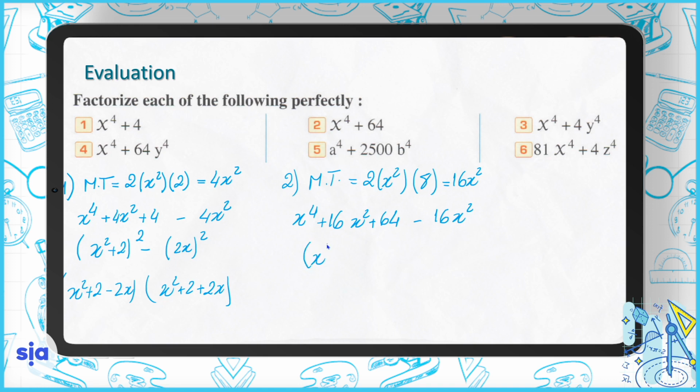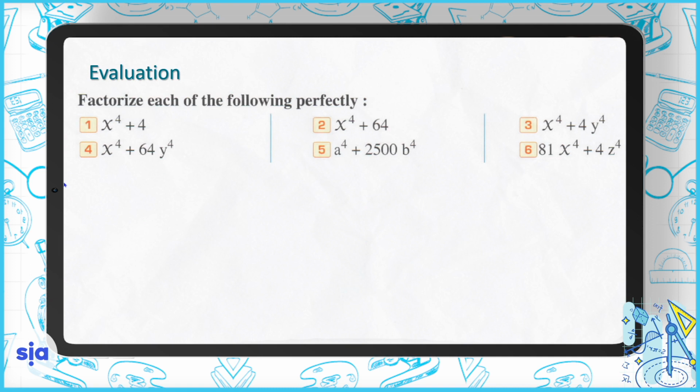This is a perfect square trinomial, (x squared plus 8) all squared minus (4x) all squared. So the two brackets are (x squared plus 8 minus 4x) and (x squared plus 8 plus 4x).